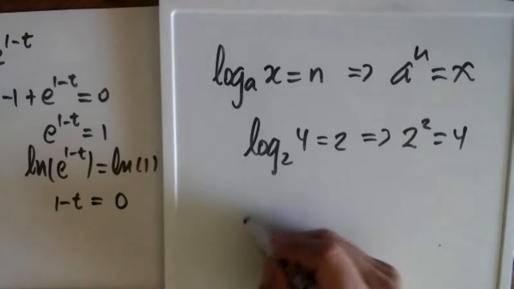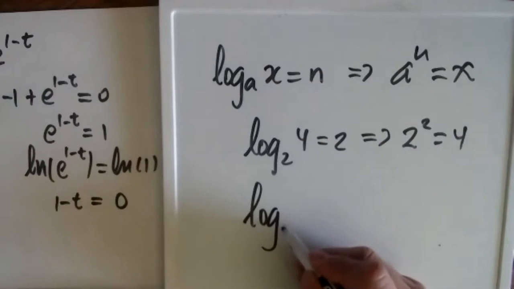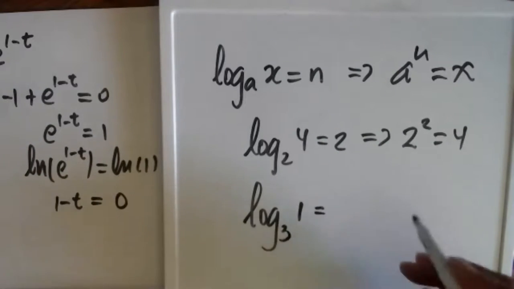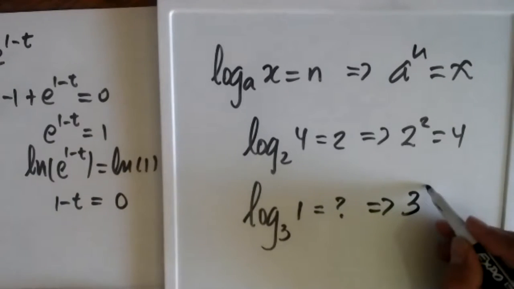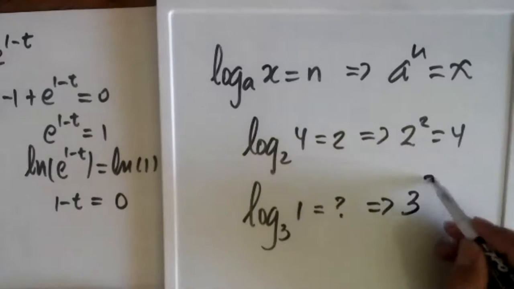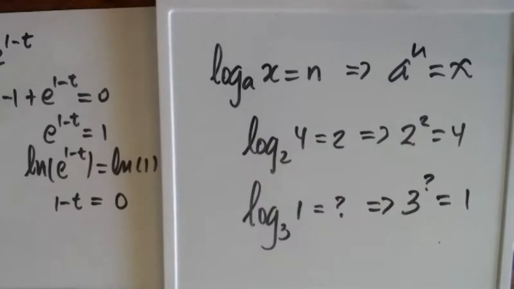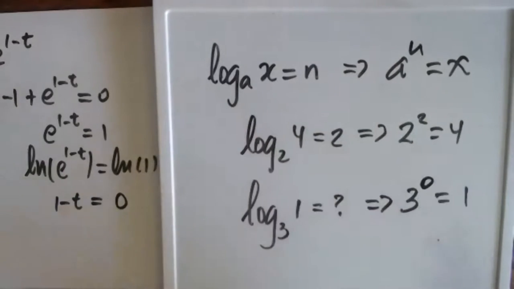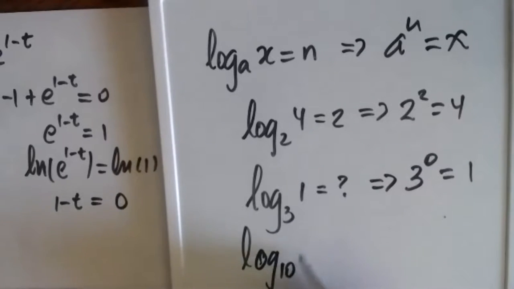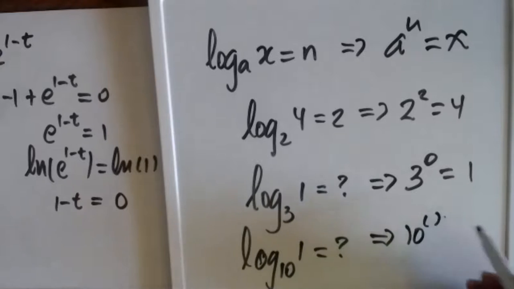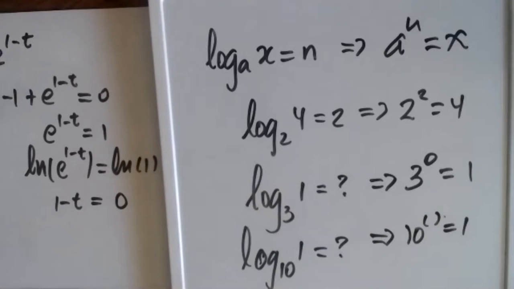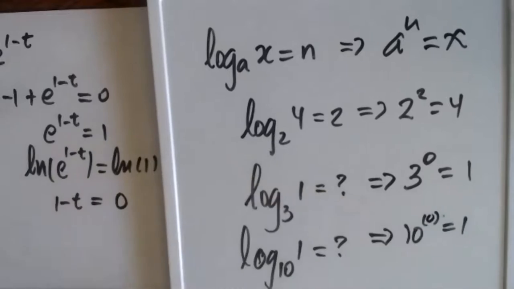Now, if you have the log in base 3 of 1, what power do you have to raise the 3 to get a 1? 0, exactly. 3 to the 0 is 1. And if you get the log in base 10 of 1, what power do you have to raise the 10 to get a 1? 0, exactly.